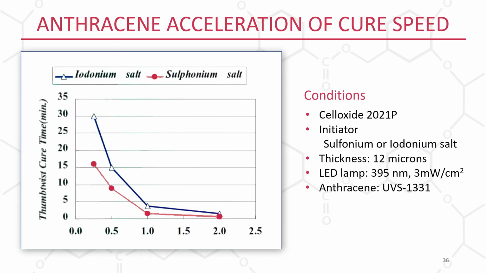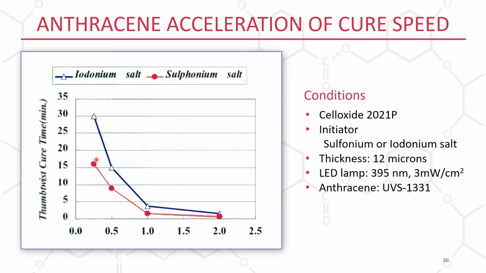Here's a great example of how anthracenes can accelerate cure speed. In this experiment, we have cure time on the y-axis, in minutes, 5, 10, and so forth. And here we have the amount, in parts per hundred, of the anthracene derivative.